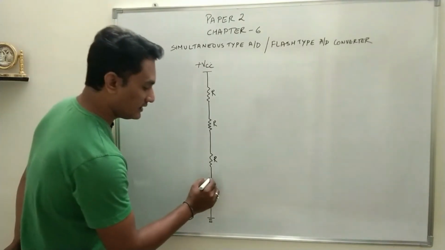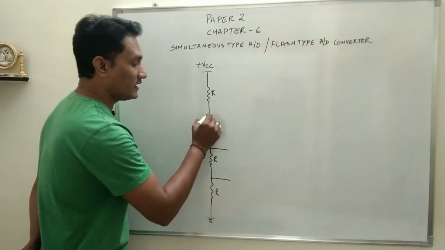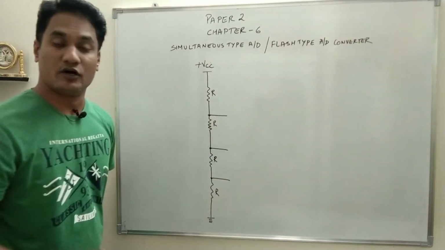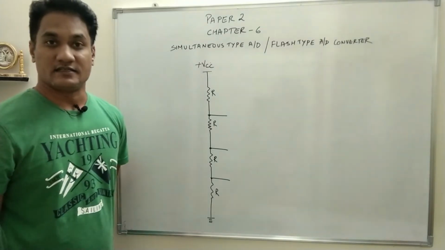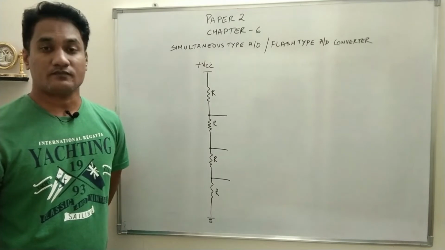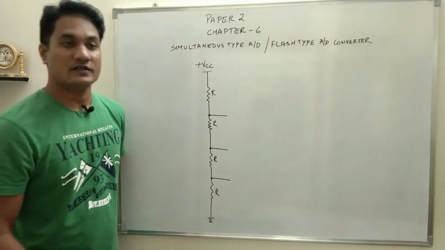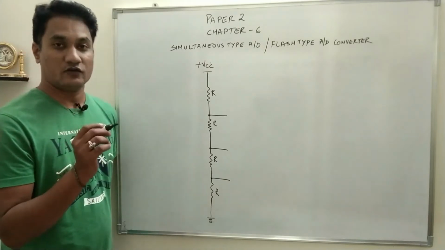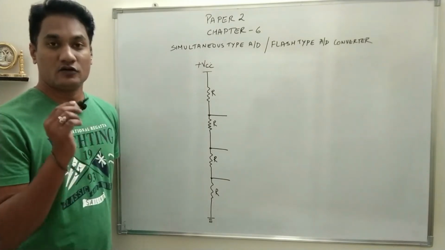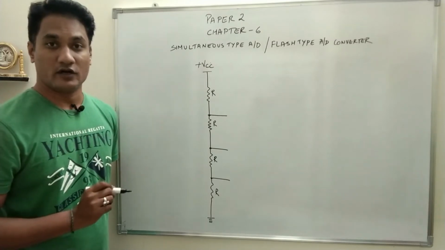So such an arrangement is called as voltage divider arrangement. The potential at this point, at this point, at this point will depend upon the value of resistance. And in the previous video I have already told you the formula for voltage divider arrangement. What is the formula? Total voltage divided by total resistance multiplied by the resistance across which voltage is taken.